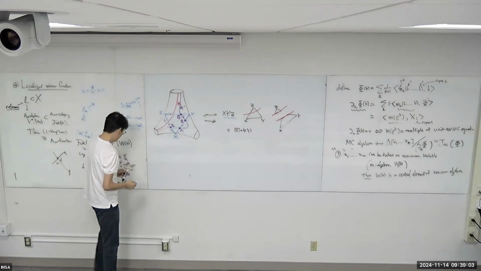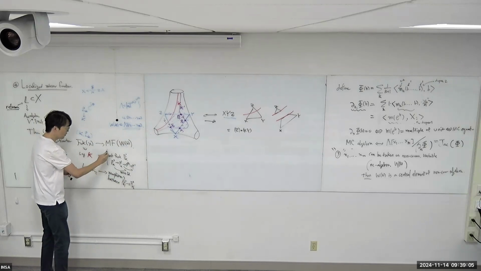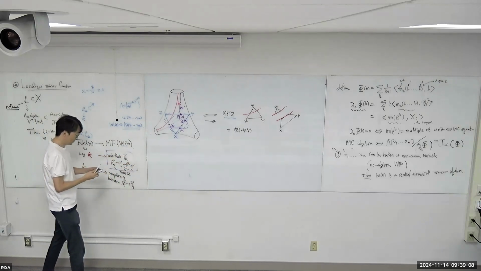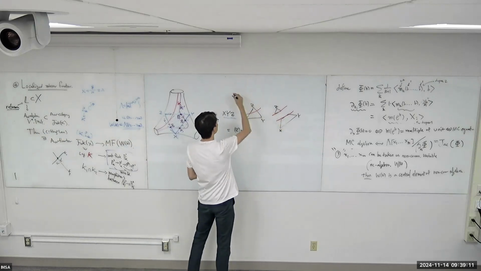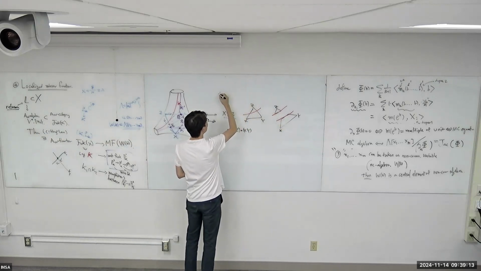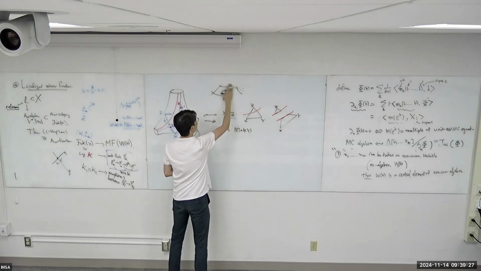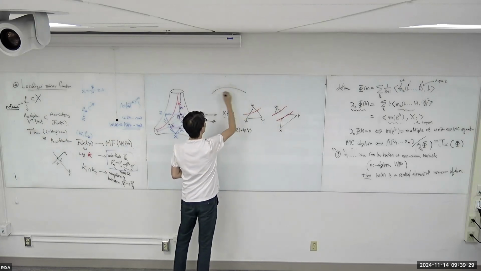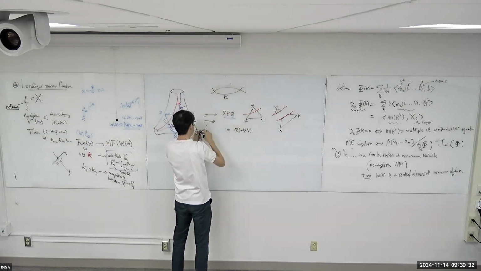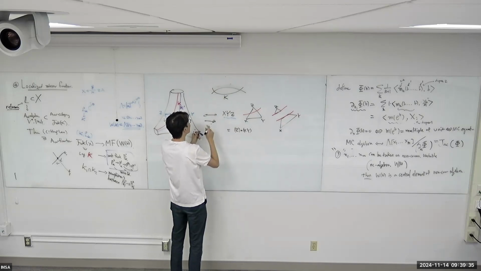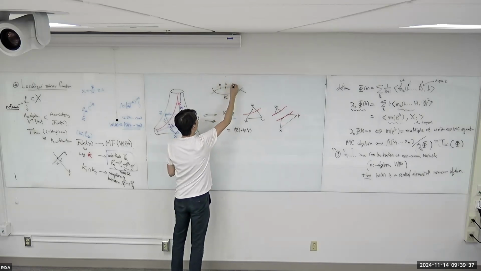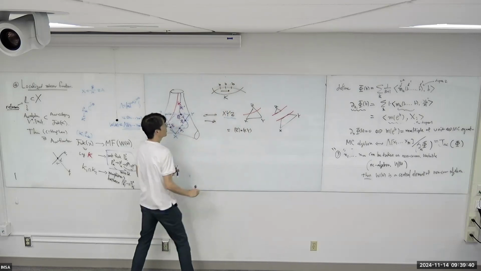And so how do we construct this matrix factorization? By looking at this kind of maps. So what is this map? The map we are going to look at is, so I'm going to look at this kind of map.